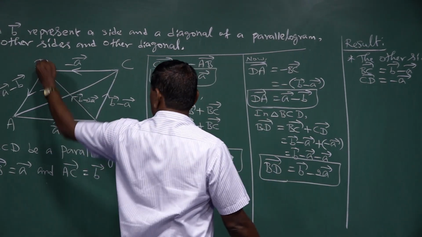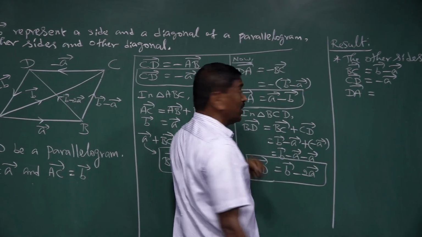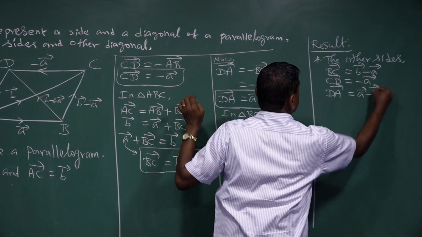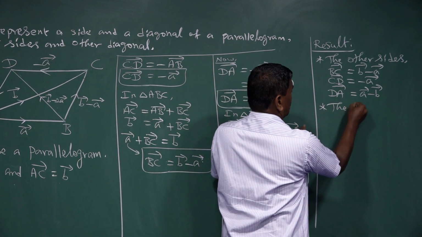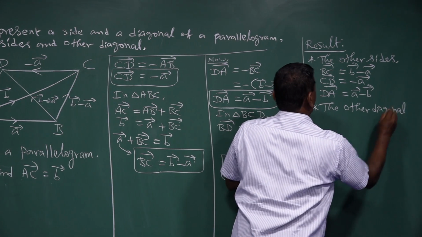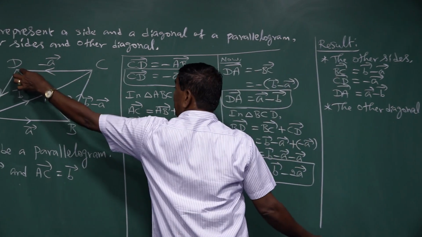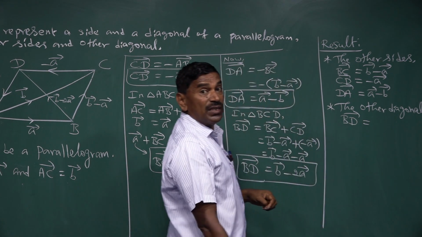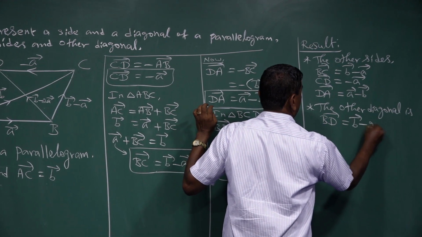Next side, DA vector. DA vector is equal to A vector minus B vector. Okay, next, the other diagonal. The other diagonal BD vector is equal to B vector minus 2A vector.